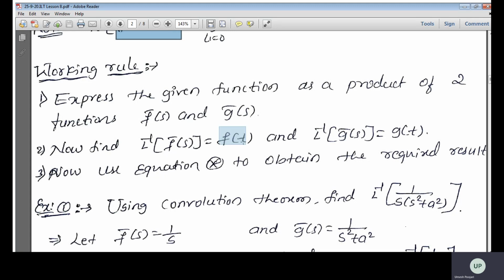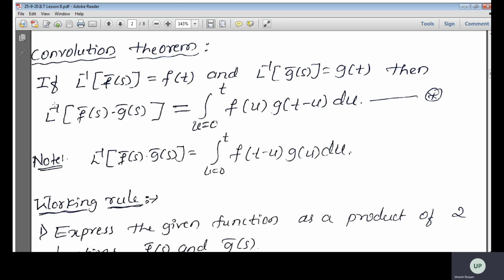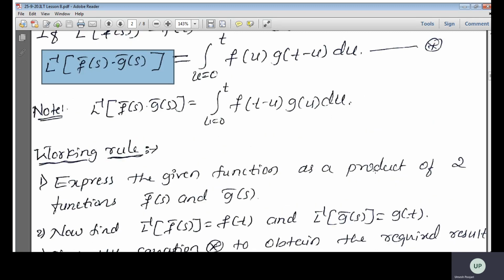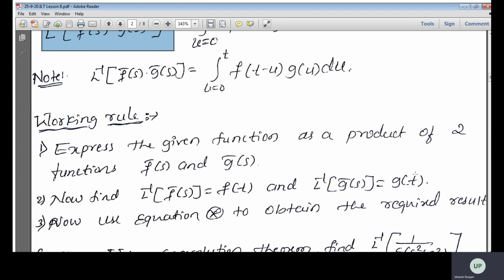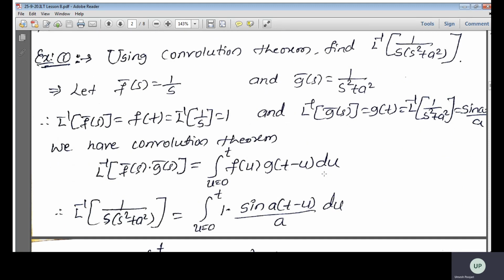Then, after obtaining f of t and g of t, use this equation star to obtain the final result. Here f of u is obtained by replacing t by u, and g of t minus u is obtained by replacing t by t minus u in g of t. Okay, so we shall see some examples here.